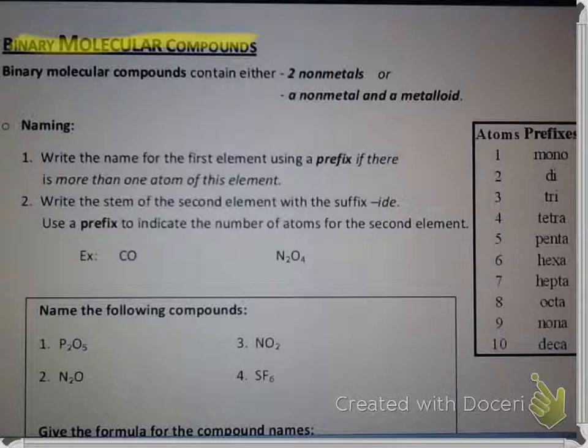They only contain either nonmetals or nonmetals and a metalloid. So a binary molecular compound only contains two different atom types, so either two nonmetals or a nonmetal and a metalloid. So notice there's no metals in the formula.